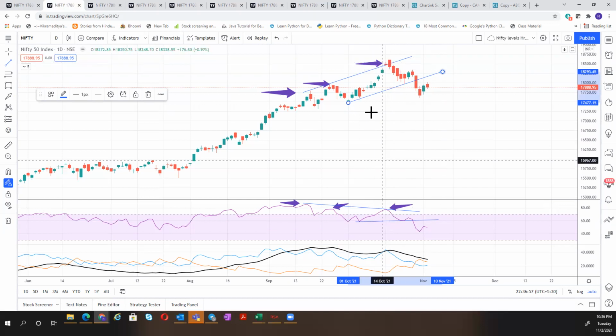But based on divergence, before this red candle, you would have seen at this peak that there is a weakness in the market. Definitely there is a weakness. And you can stop chasing the price on the upper side. Just sit on the sideline, waiting for the market to show you the direction. That is nothing but divergence.